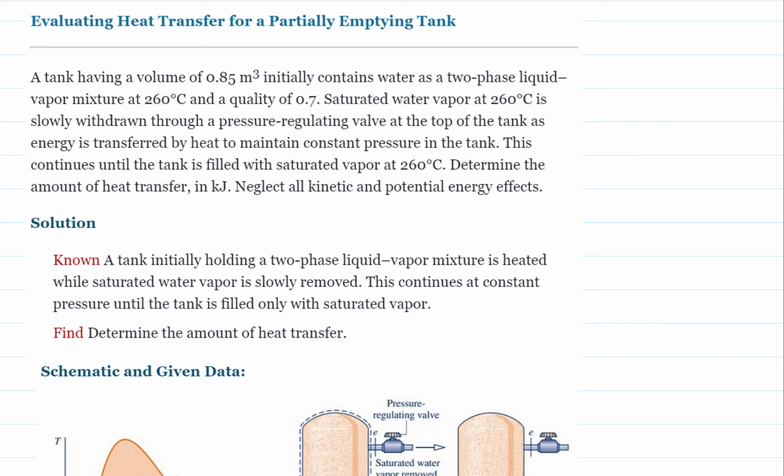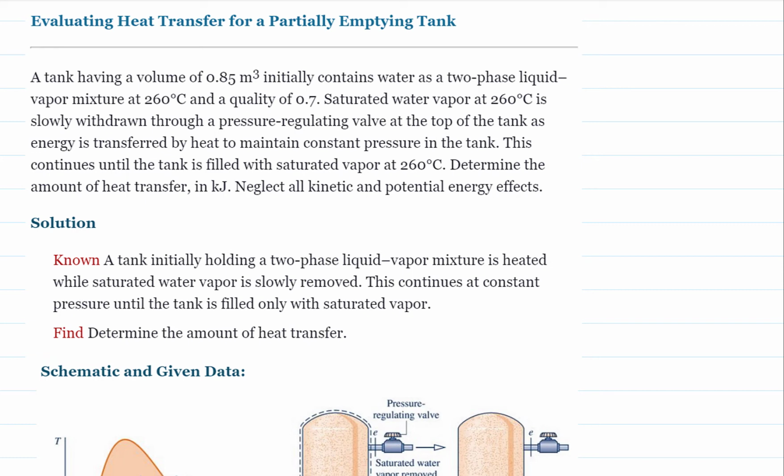Let's see an example. A tank having a volume of 0.85 meter cubed initially contains water as a two-phase liquid-vapor mixture at 260 degrees Celsius and a quality of 0.7. So the temperature and the quality of the system are given, so we can fix the state. Saturated water vapor at 260 degrees Celsius is slowly withdrawn through a pressure regulating valve at the top of the tank as energy is transferred by heat.